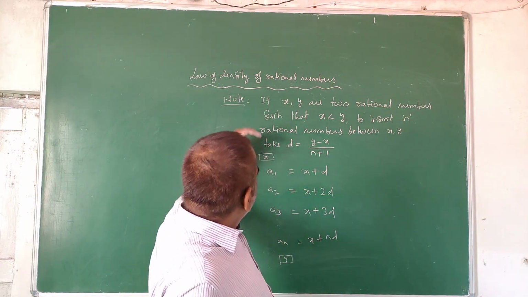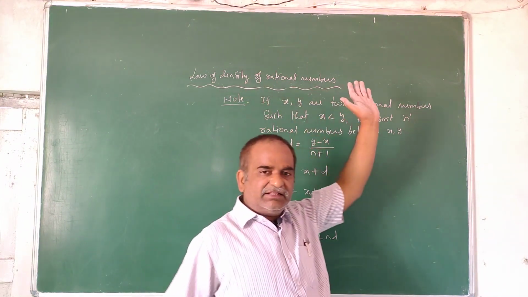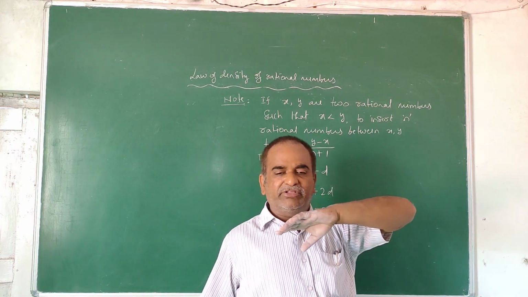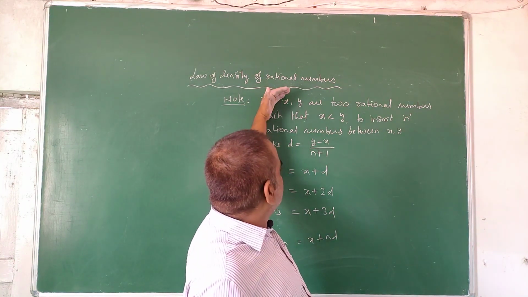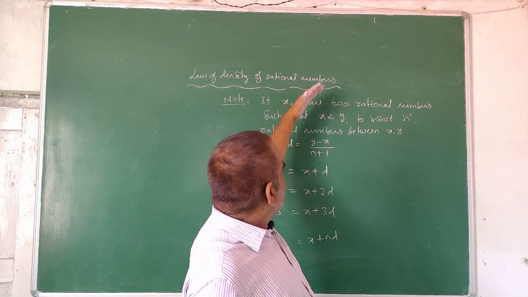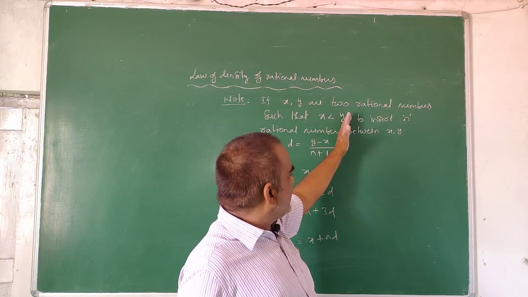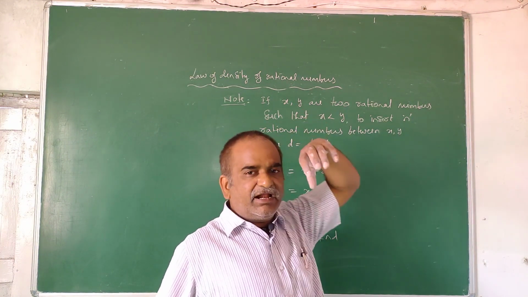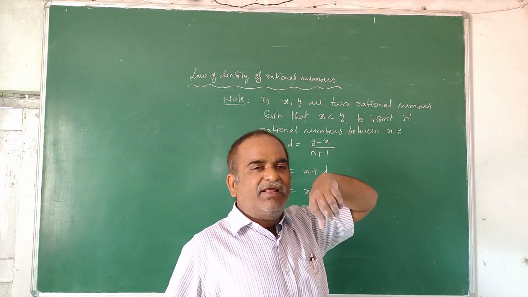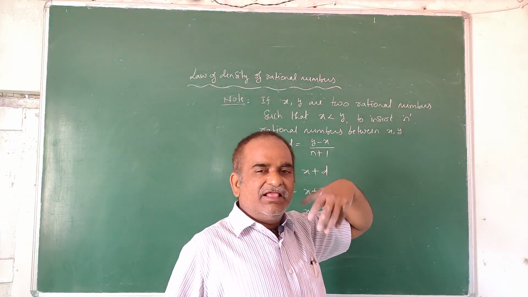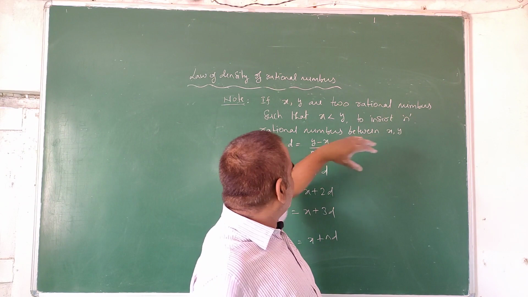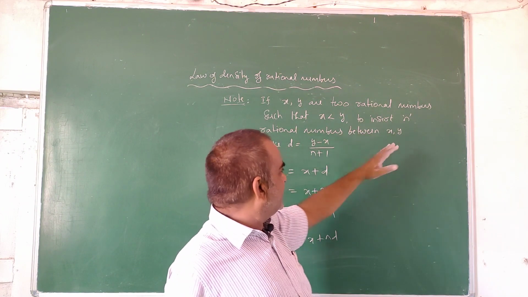Understood? See here there is a rational number x. Once again I will repeat this concept. There is a rational number x, another rational number y, so that x is less than y, and you need to insert n rational numbers, n for 10, 5, 4, like that, between x and y.